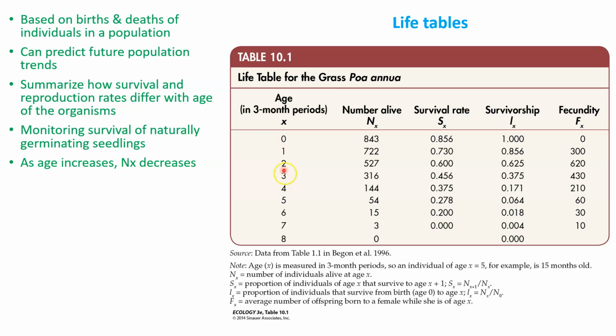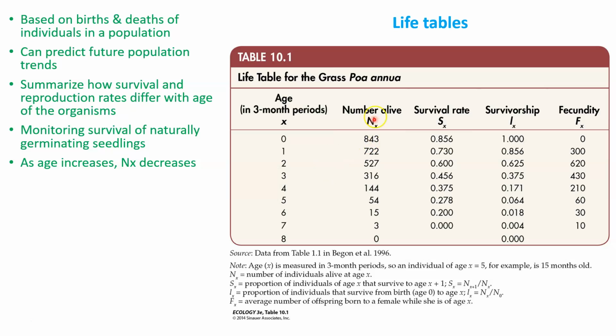In here, these numbers correspond to 3-month time frames. 0 corresponds to the initial period. 1 corresponds to those grasses that are 3 months in age. 2 corresponds to grasses that are 6 months in age, so on and so forth. So a single age category equals a period of 3 months, right? And you have to keep adding it up as you go further.